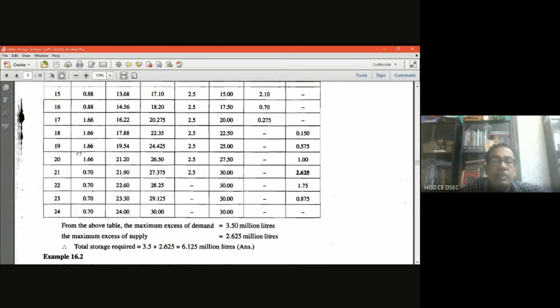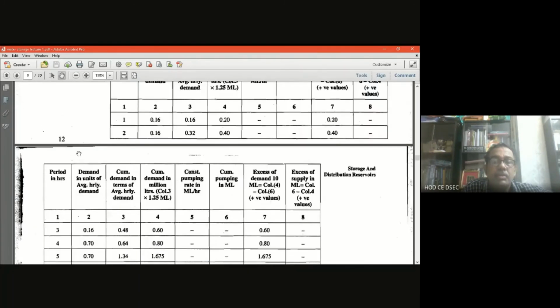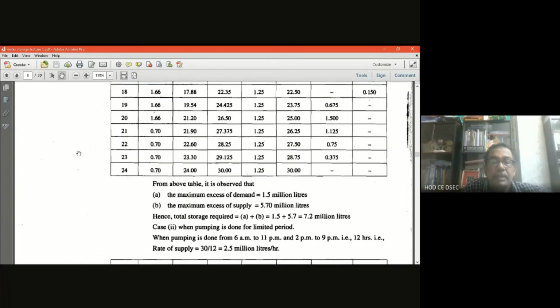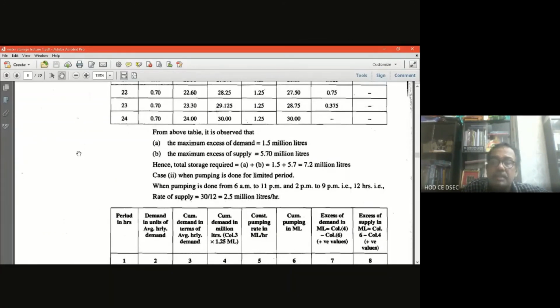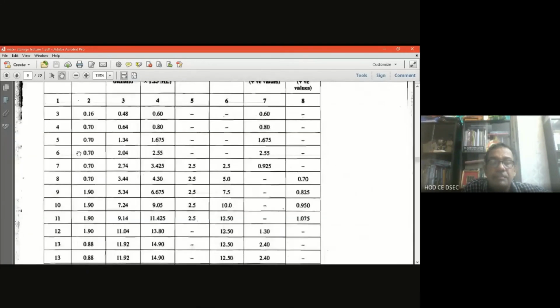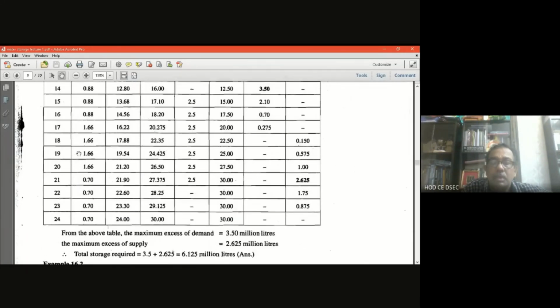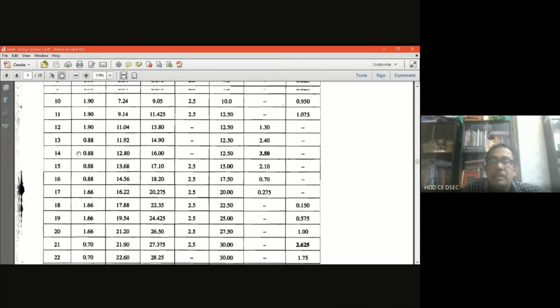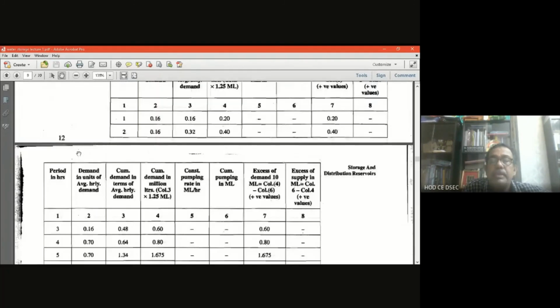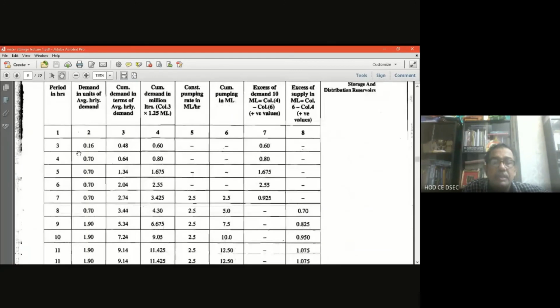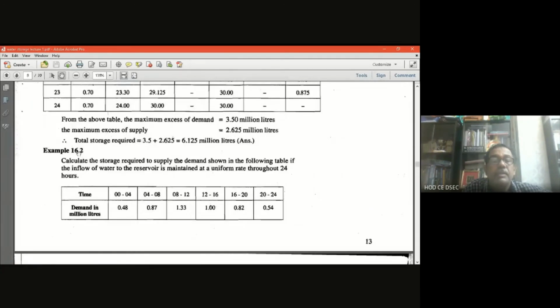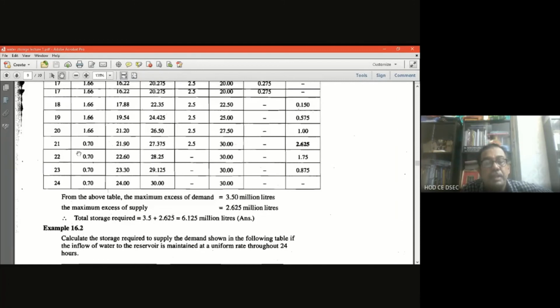If the pump is operated continuously for 24 hours, the storage capacity is 7.2 million liters. But if the intermittent pump is operated 12 hours, then instead of 7.2 million liters, the storage capacity is 6.125 million liters.